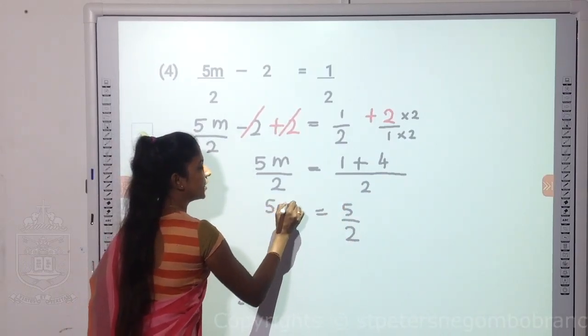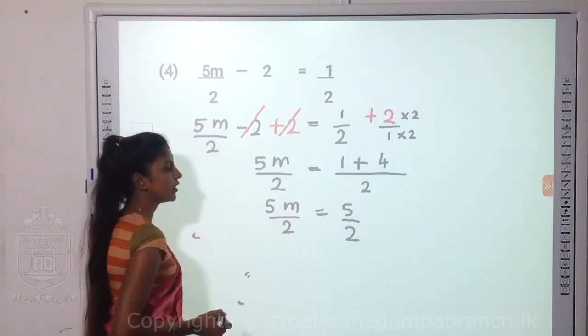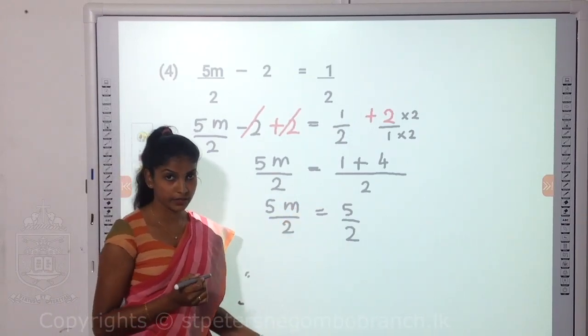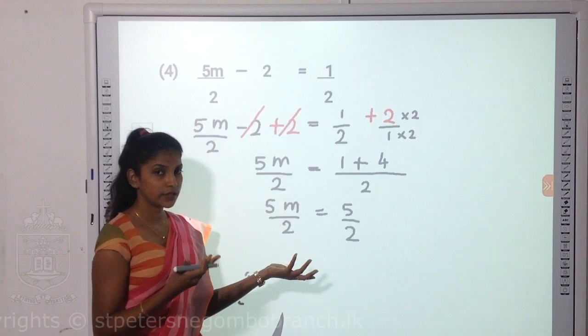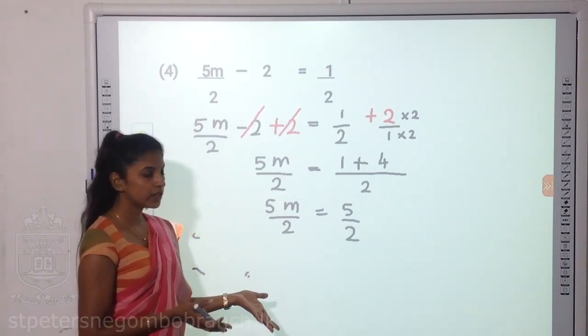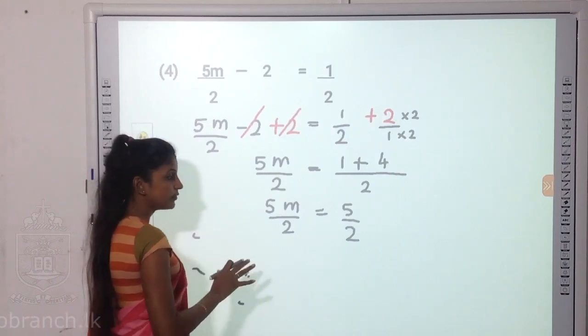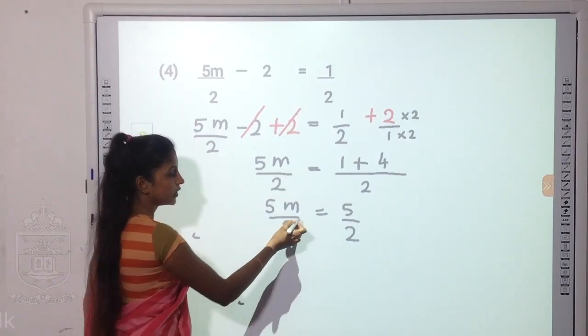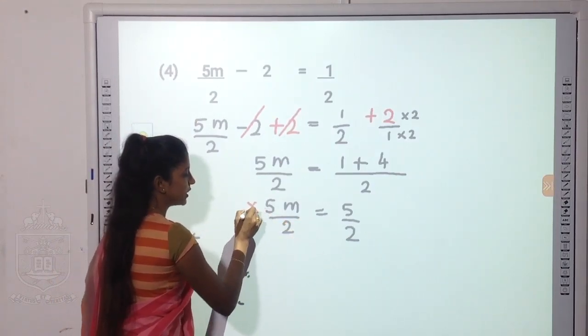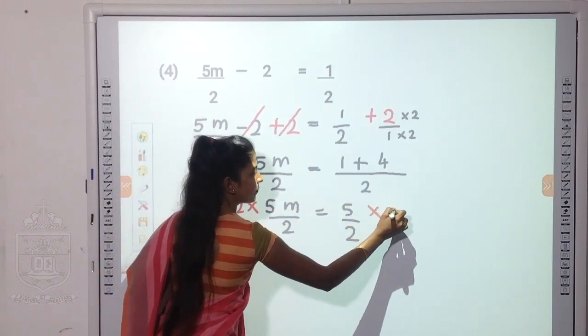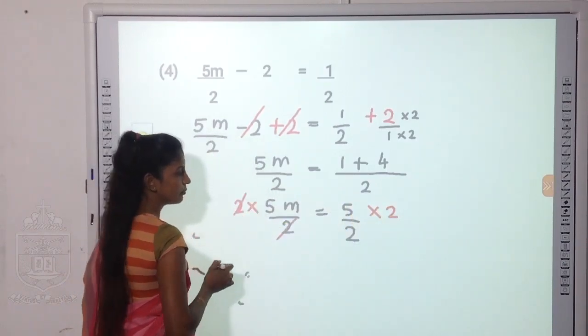And here you have 5m over 2. Now you all can see this 5 and 2 are on both sides, so it will cancel off and the answer will be 1. But since it's an equation, I am going to show you the simplification stepwise. So in order to remove 2, you have to multiply by 2 like this, and this 2 and 2 will be removed.